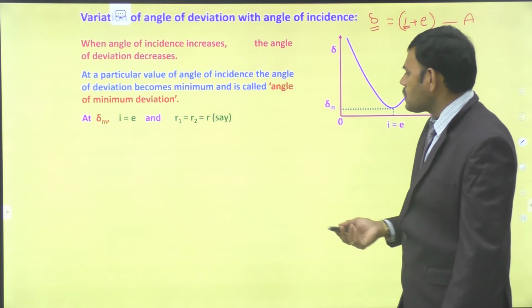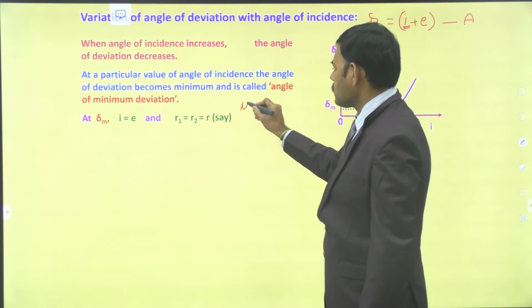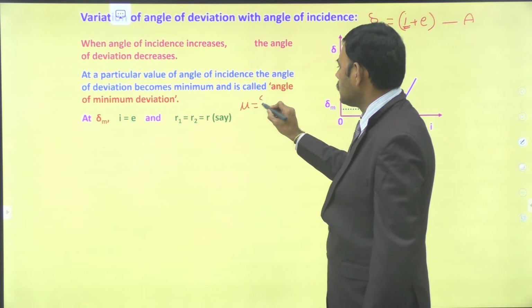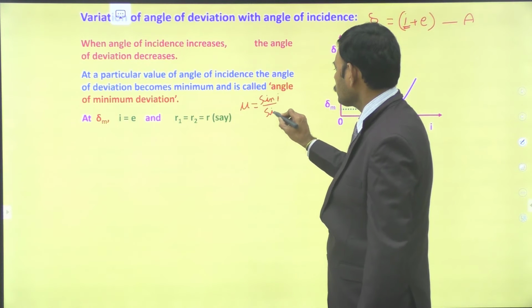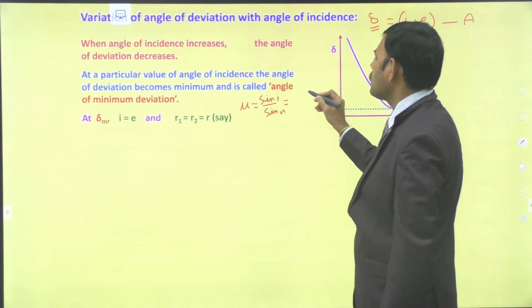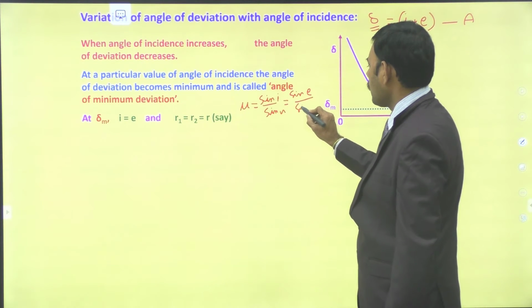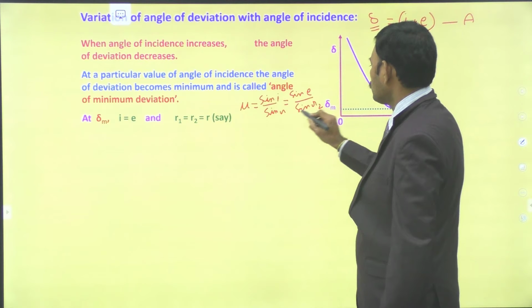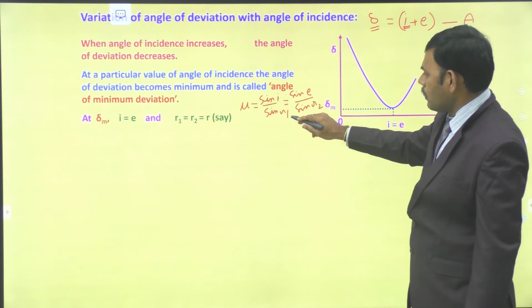So according to Snell's law, at the first refracting surface, mu is equal to sin I divided by sin R1. At the second refracting surface, the same Snell's law gives mu is sin E divided by sin R2. At the first refracting surface, mu is sin I by sin R1.